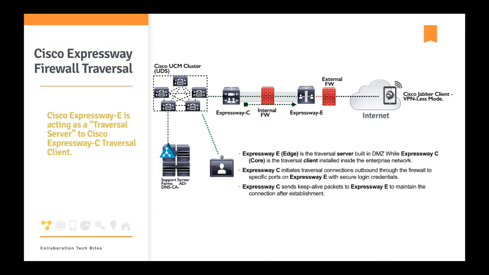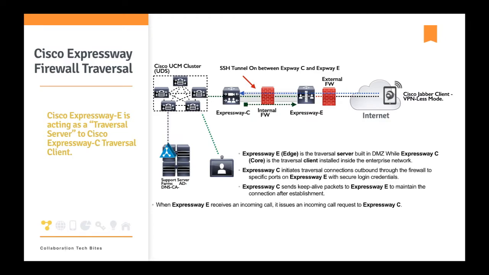After this tunnel has been established, Expressway C sends continuous keep-alive packets every 20 seconds to Expressway E to maintain the connection. This connection is secured through an SSH tunnel. Now let's talk about the Jabber client through VPN-less access.